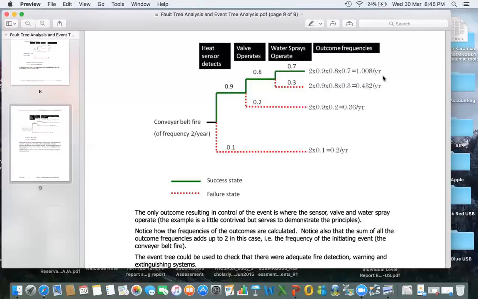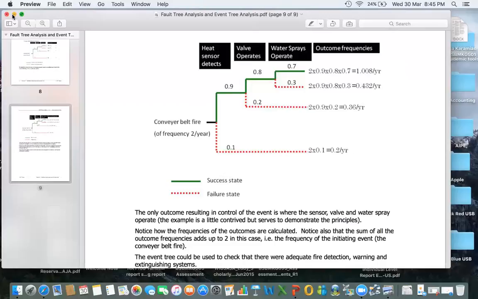And here you can say what is the likelihood of that conveyor belt fire to be in the success rate. This one here is 1.008 per year, divided by, you can sum them up in terms of success rate.